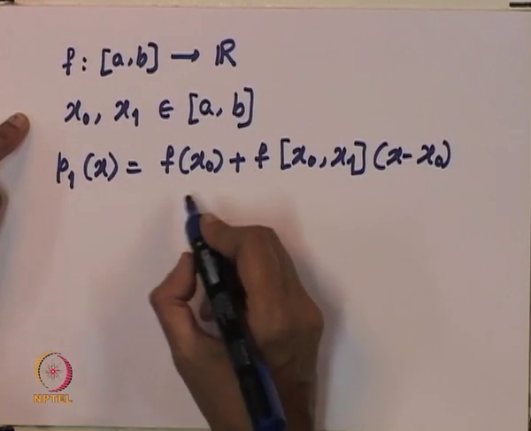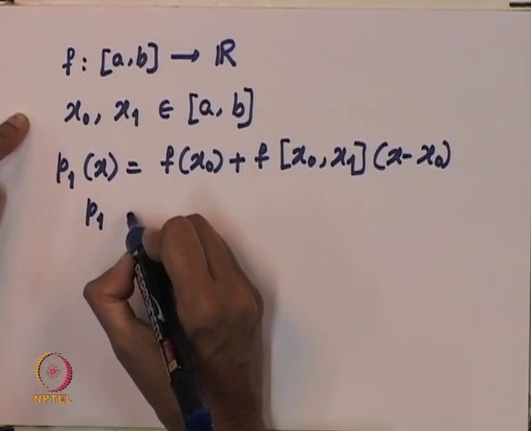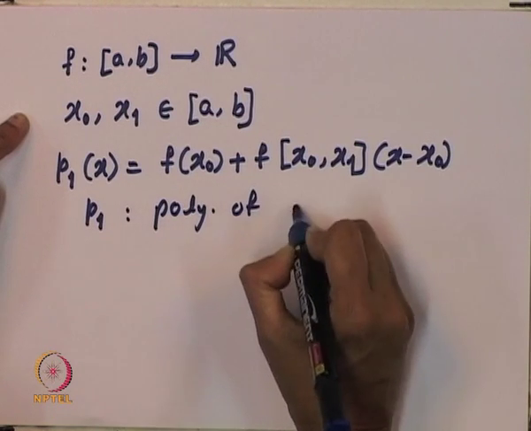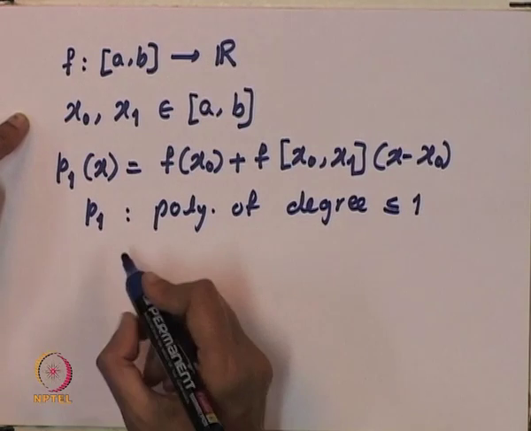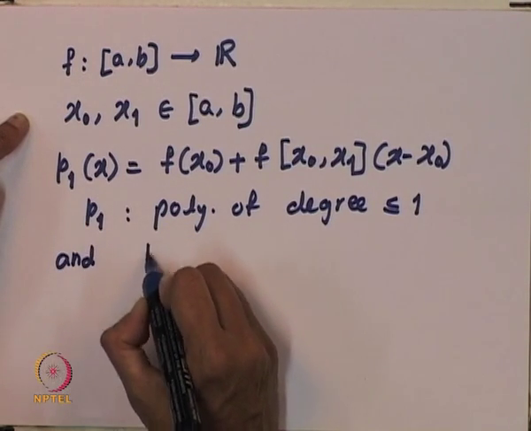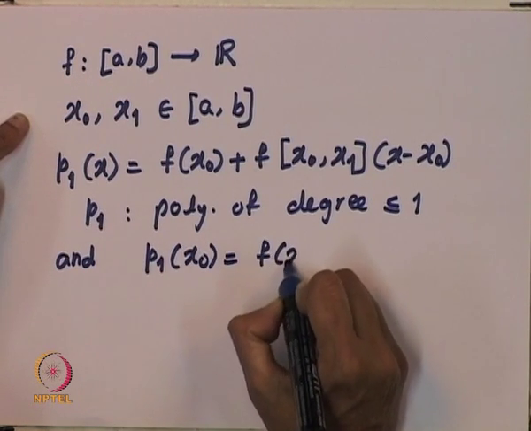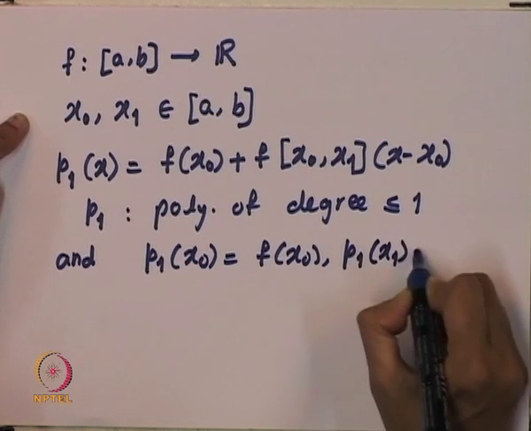This is a polynomial of degree less than or equal to 1, and p 1 of x 0 is equal to f of x 0, p 1 of x 1 is equal to f of x 1.